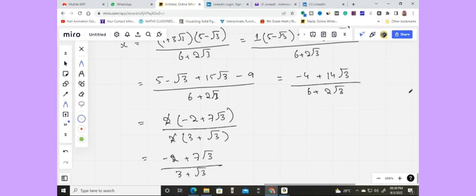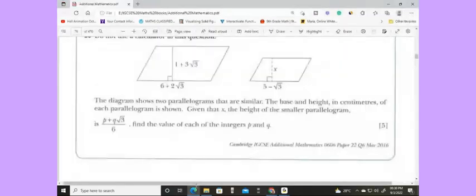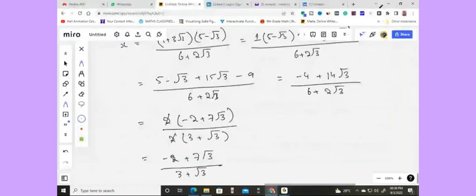Now you see in the question, they say that x is equal to p plus q root 3 upon 6. In the denominator, you are having an irrational number, 3 plus root 3.